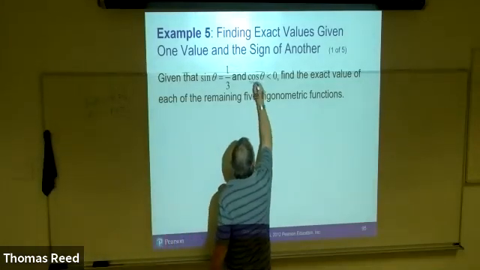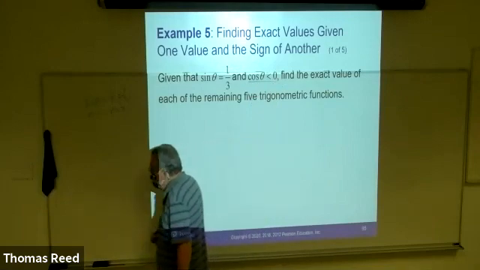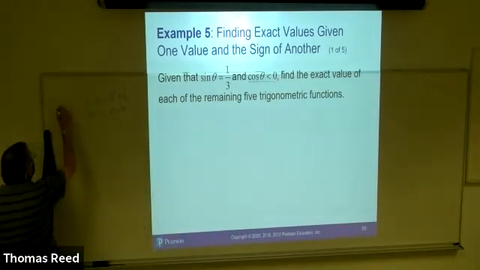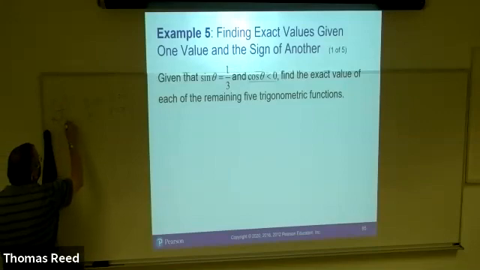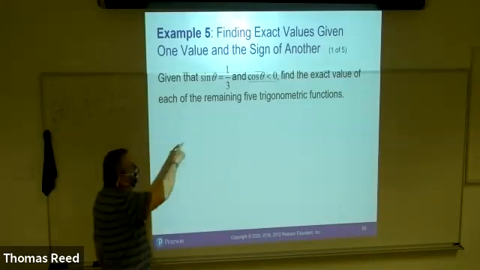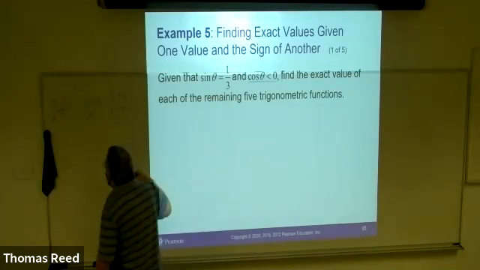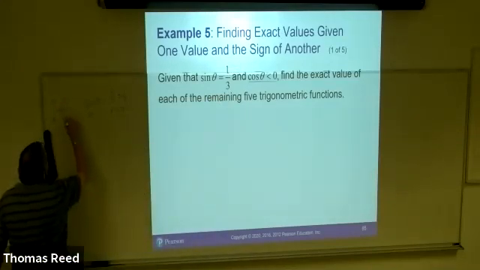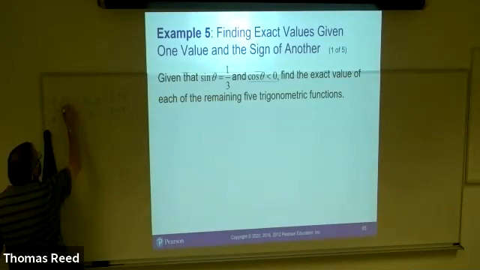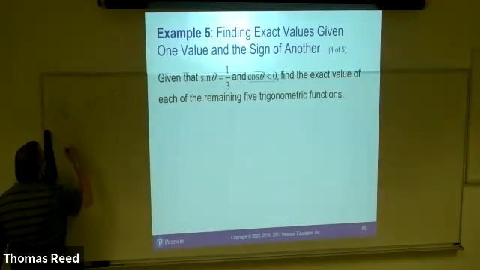Right, and they're telling us that cosine is negative. Well, if we look at the quadrants, we want to know where sine is positive, because they said it's 1/3, not a negative 1/3. So here, everything is positive. Here, sine is positive. Down here, tangent is positive, and here cosine is positive.